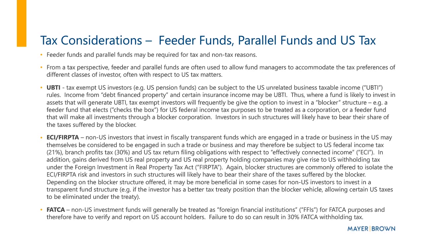What it means is that if you're in a transparent fund and that fund is doing enough to be considered engaged in a trade or business, which is actually quite wide and catches people out quite a lot of the time, then you can be subject to US federal income tax and even branch profits tax. And moreover, you have to do US tax return filings, which we find particularly unpalatable to UK pension funds.